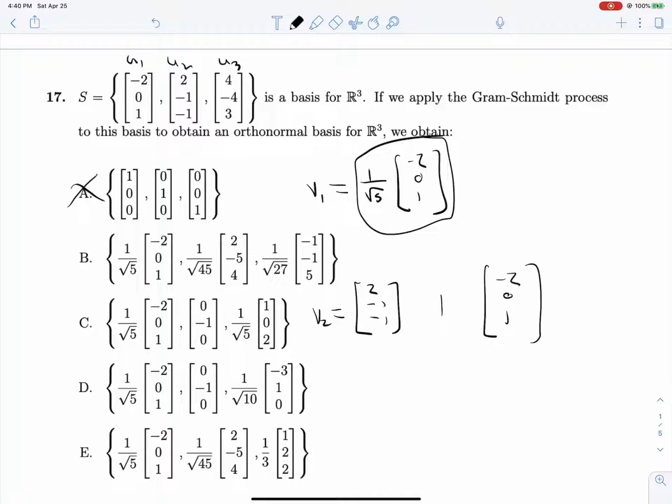This simplifies down to plus, and we get 0, negative 1, 0. Okay, that takes it down to just C and D.